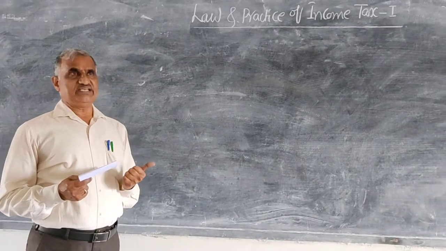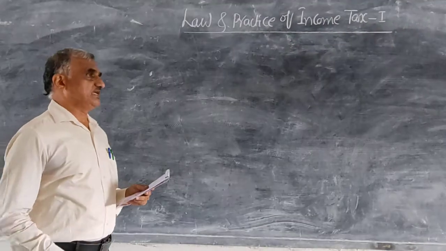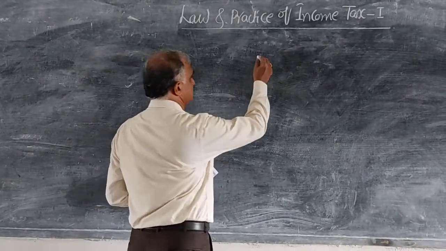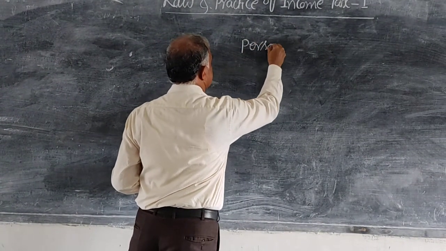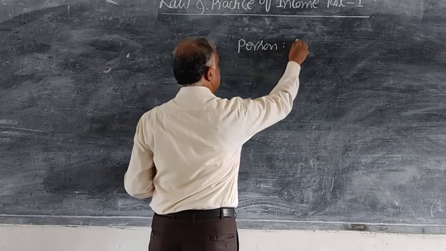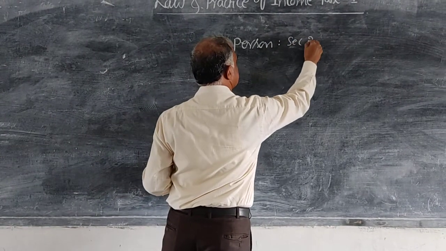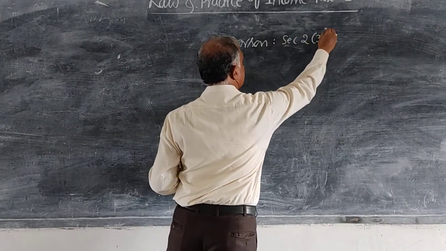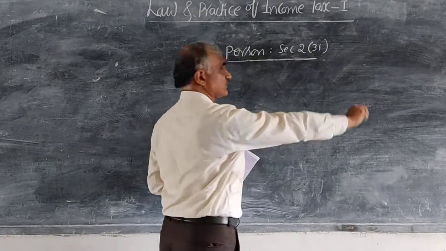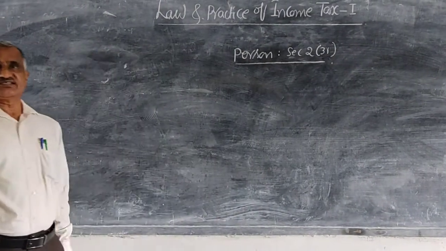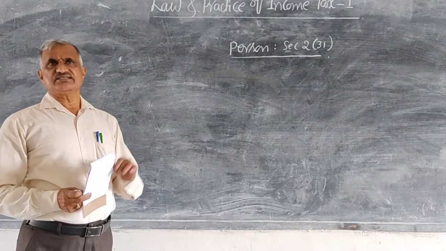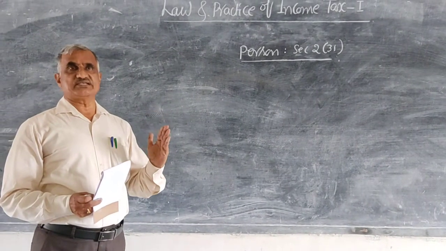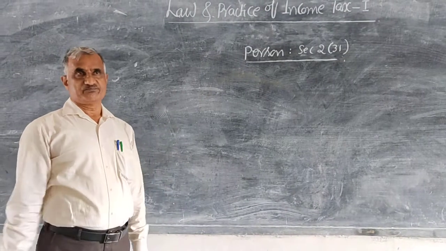See, the very first basic concept that one should study is the term person, and this term person is defined under section 2, subsection 31 of the Indian Income Tax Act. As a first step to understand the term person, let us see what is the main provision of the Indian Income Tax Act.